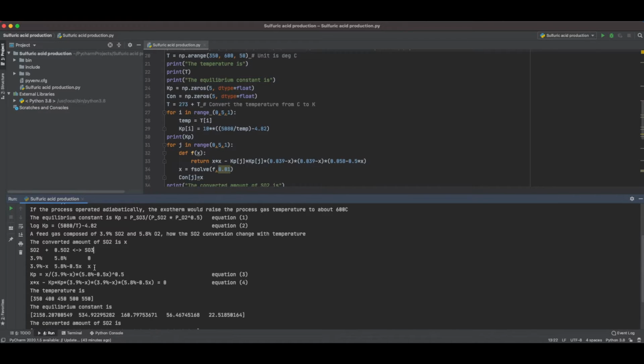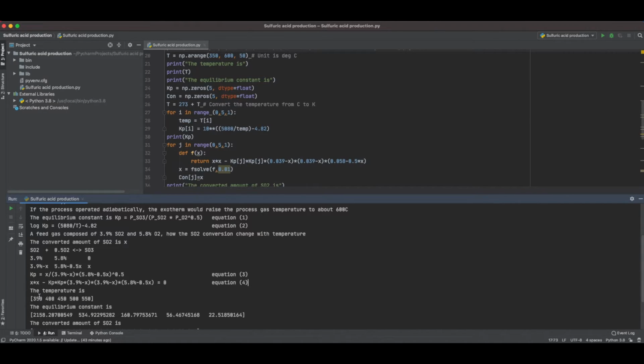Now we can rewrite equation 1, this Kp equilibrium constant, as a function of the converted amount X. So this is going to be our equation 3. And for this equation 3, we can simply rearrange it into equation 4. As we mentioned earlier, we can combine equation 4 and equation 2 to calculate the converted amount of SO2 at each temperature.